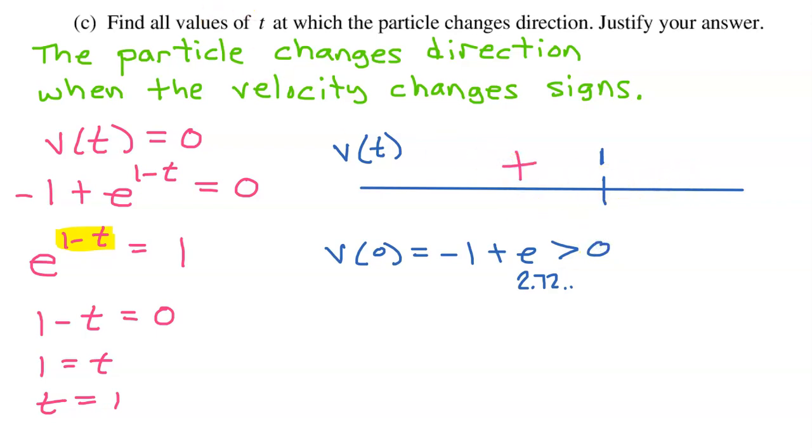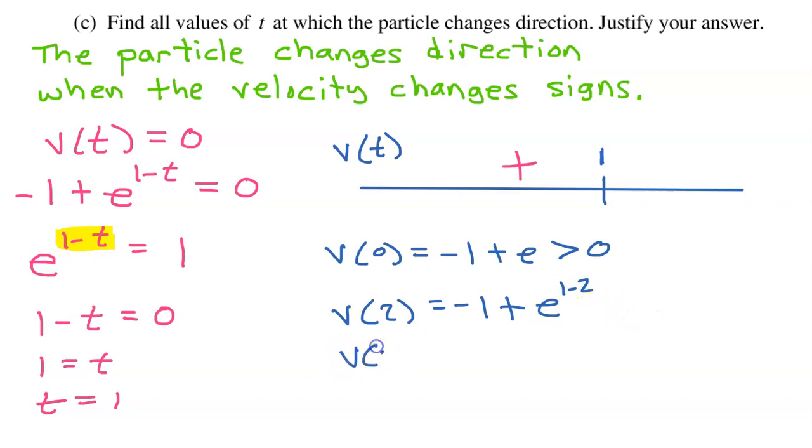All right, so how about something bigger than 1, like 2? So let's check v at 2 and see if this is positive or negative. That would be -1 plus e to the 1 minus 2 power.